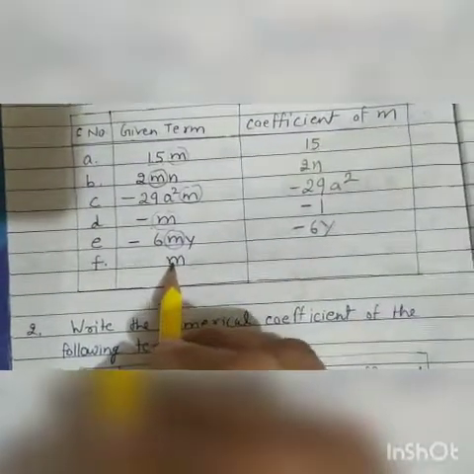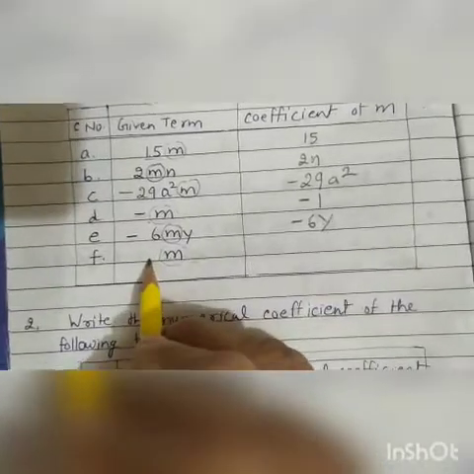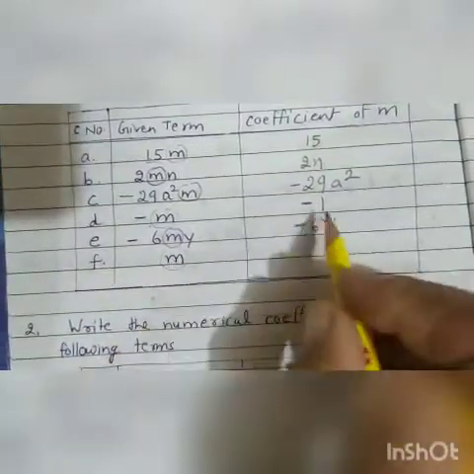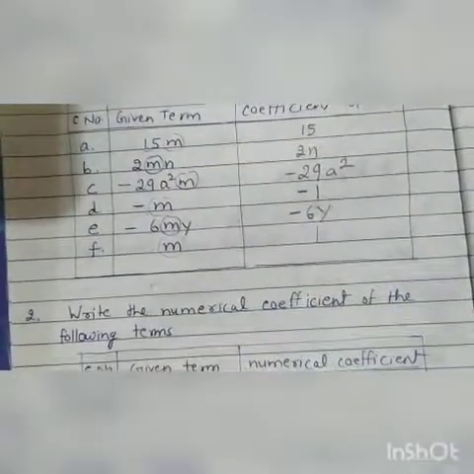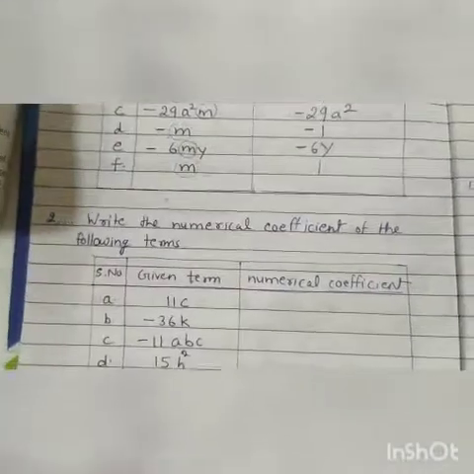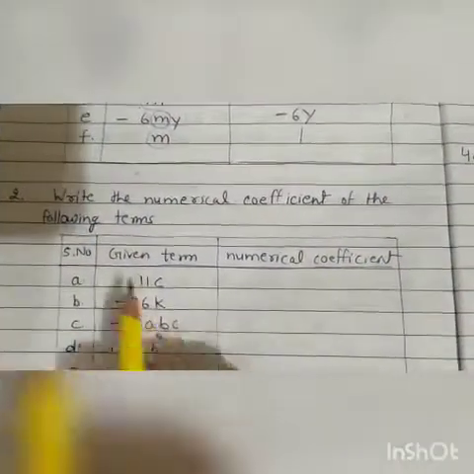Then m. If we remove this m, what do we have? It will be considered as 1. Positive 1. So the coefficient of m in this term is 1. Clear? I think it should be clear to all of you. Very easy, not difficult.